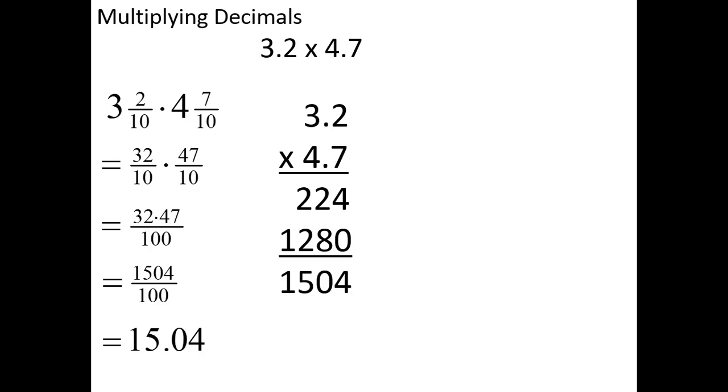Well, if we look at the number of digits we have after the decimal point, what we're really looking at is how many times a factor of 10 is being used in a denominator of a fraction. So the 3 and 2/10ths means we have one factor of 10. There's one digit behind the decimal point.